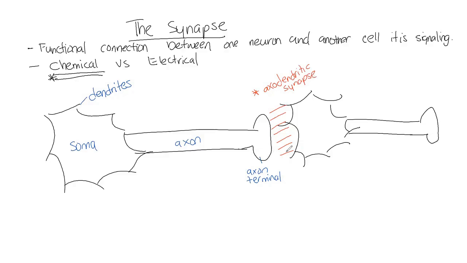Okay, so this is our synapse. And so we can also label these two neurons just for clarity. So this one is called the presynaptic, and then the postsynaptic.